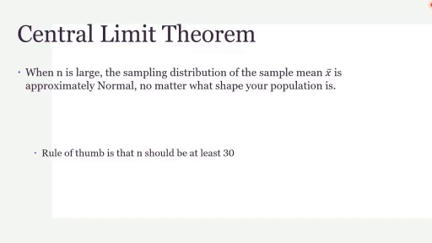Think of this on a small scale. If you're flipping a coin, if I flip a coin twice, I have three options: it's either going to be 2 heads, 2 tails, or 1 heads and 1 tails. So if you're looking at heads percentage, it's 0, 50, or 100.